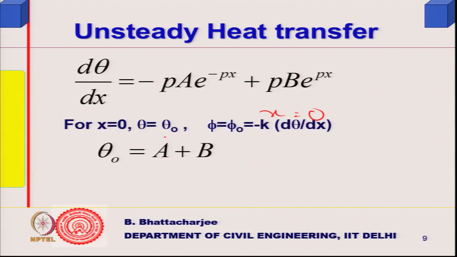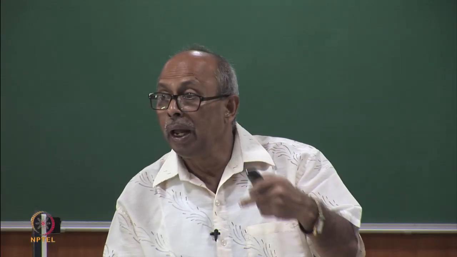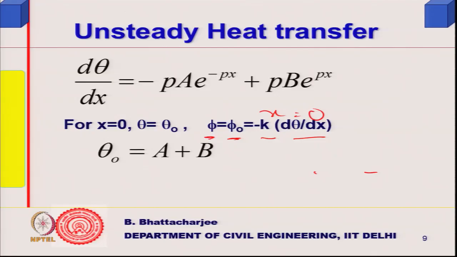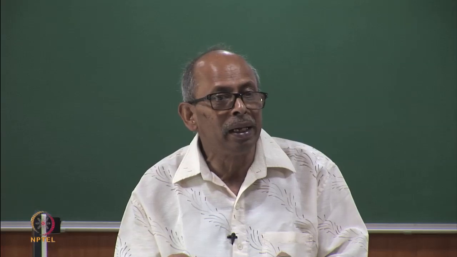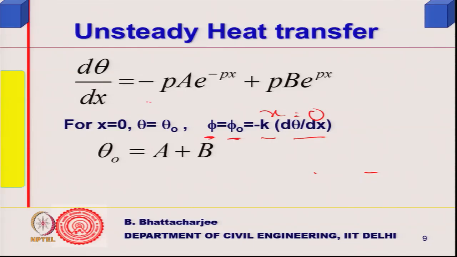Then I define phi as minus k d theta dx. The minus sign comes because heat flows from higher to lower temperature, so the gradient is negative.